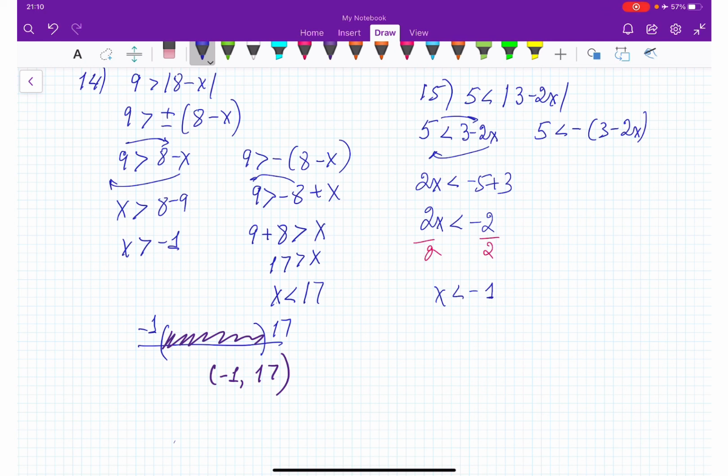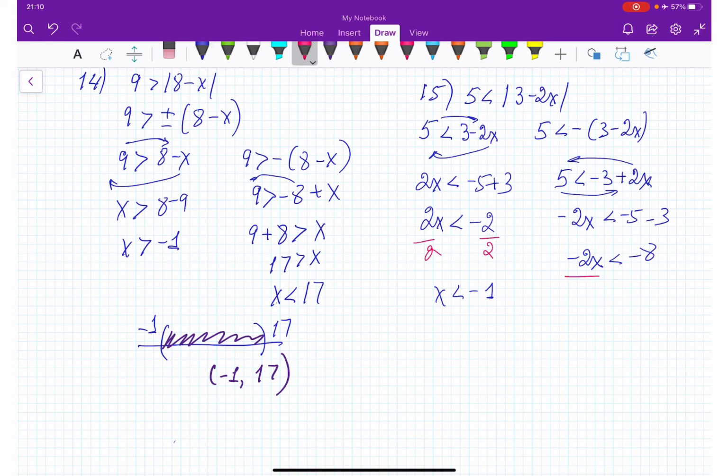Now this one, 5 is less than -3 plus 2x. Moving 2x on this side and 5 on this side, so getting -2x less than -5 minus 3, and we get -2x less than -8.